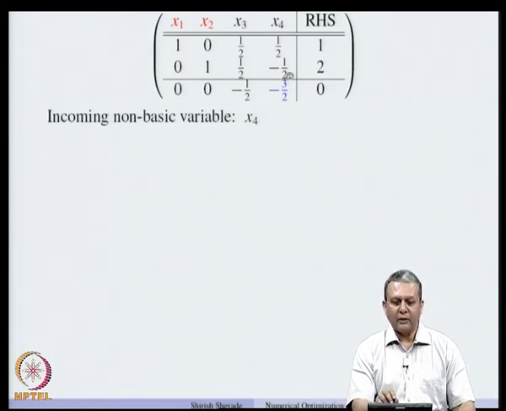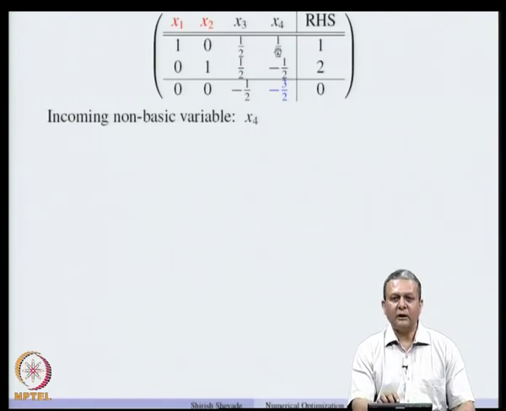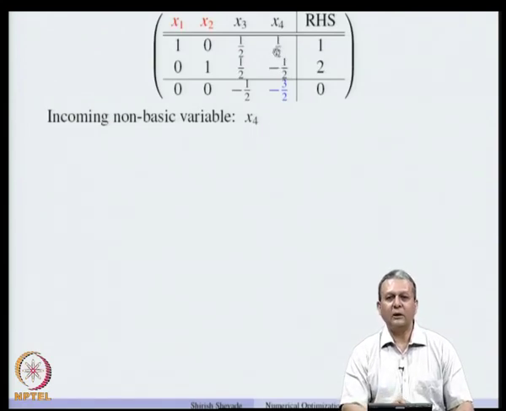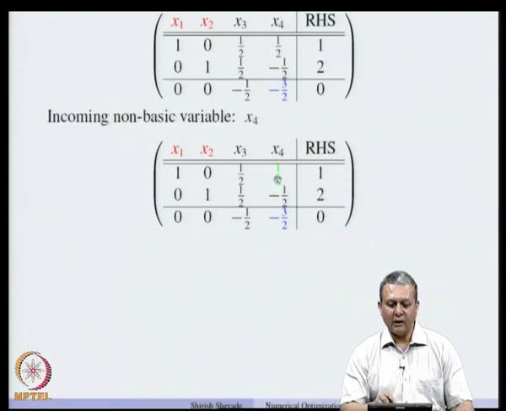So, using the ratio test, in this case, the entry corresponding to the variable x1 is the only positive entry in this column, and therefore, x1 is the only choice for making it non-basic. So, x1 will be made non-basic by bringing in x4 into the basic vector set.